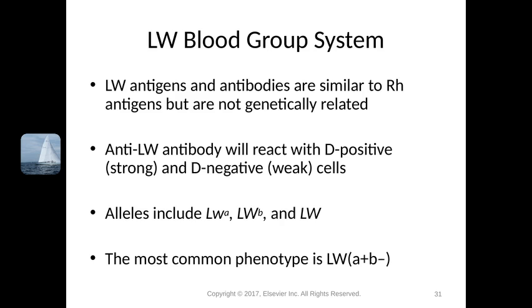So the anti-LW antibody can react with D positive and D negative weak cells, and these will include your LWa, LWb, and LW. The most common phenotype is LWa positive, b negative. It is very uncommon to see this causing a problem. So it's mentioned because you do need to know it exists, but we don't see them that often.